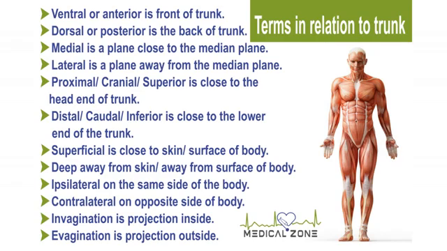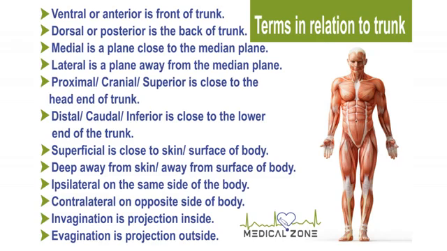Now we will see some terms used in relation to trunk. First one is ventral, also called as anterior. It means it is front of trunk. Dorsal or posterior, it means it is the back of trunk.